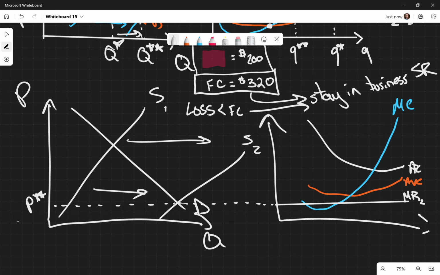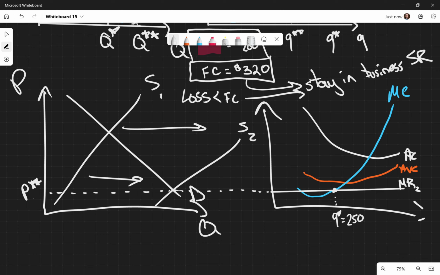If this is my situation and I find that my marginal cost and my marginal revenue intersect at a Q star that is below my average variable cost, and let's say this Q star was equal to 250 or something, the correct answer on the test or in the homework is actually going to be no. The profit maximizing or loss minimizing quantity for this particular case, the way these curves are drawn, the actual Q star, is 0.